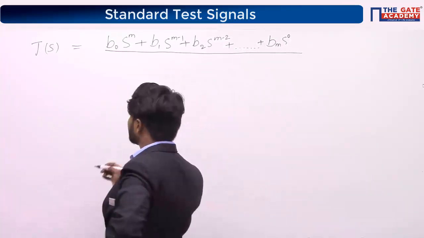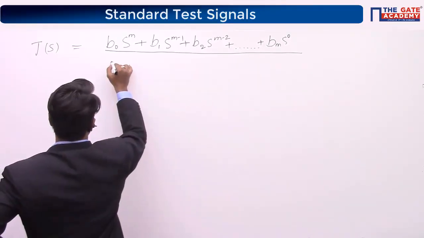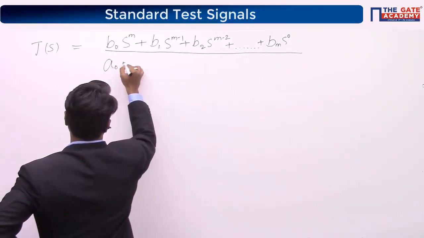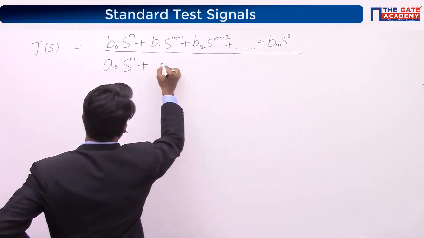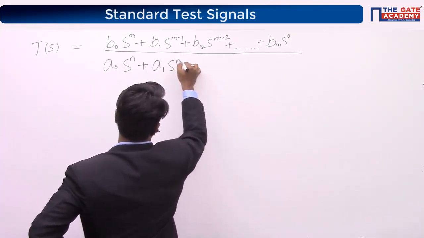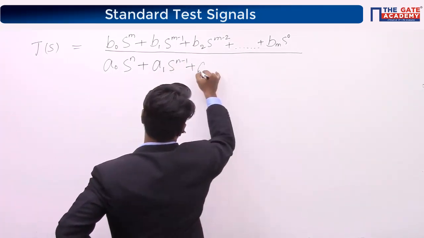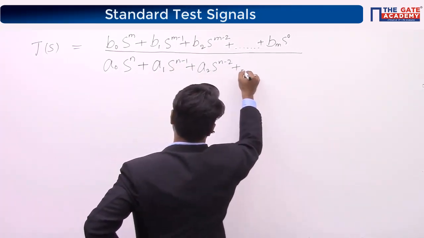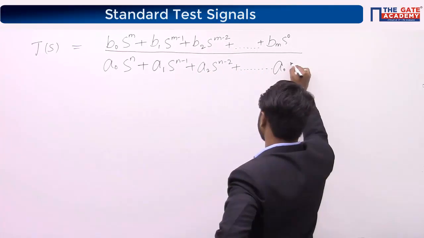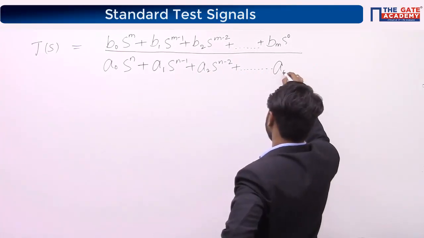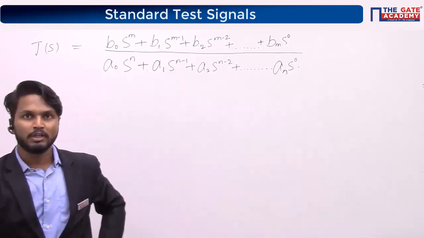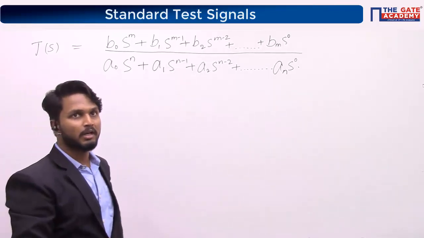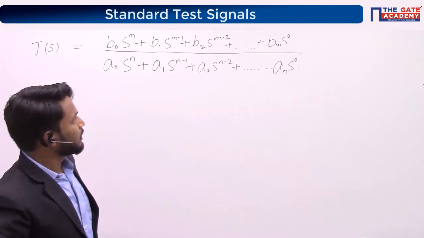Now let us take another polynomial in the denominator: a0 s power n plus a1 s power n minus 1, a2 s power n minus 2, and so on, up to an s power 0. So we have two different polynomials, one on the numerator and one on the denominator.